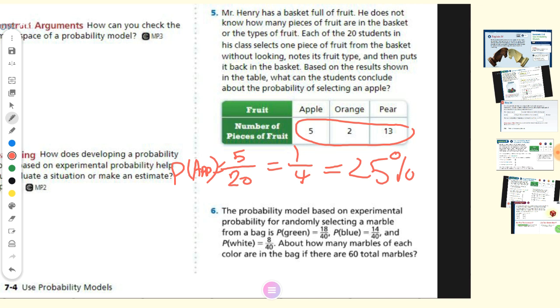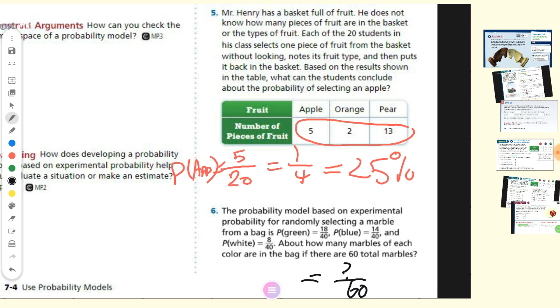About how many marbles of each color are in the bag if there are 60 total marbles? So I want to predict if the marbles become 60. Here he asked for the number of each color.